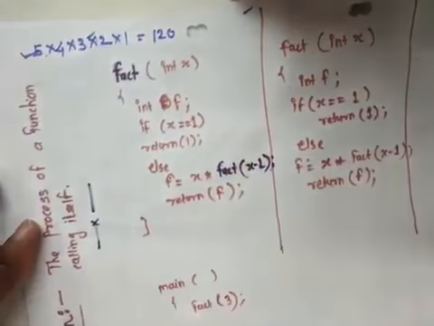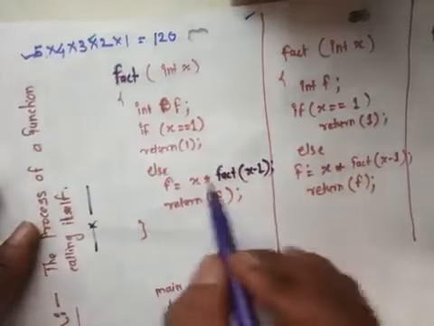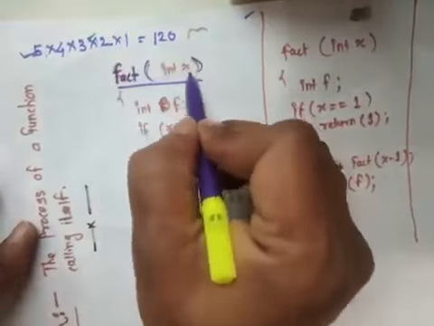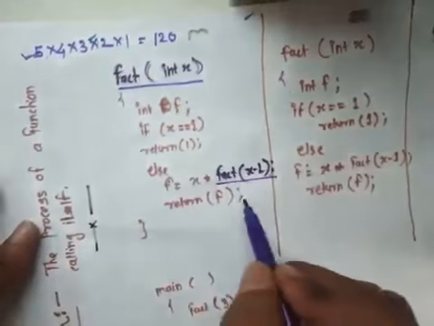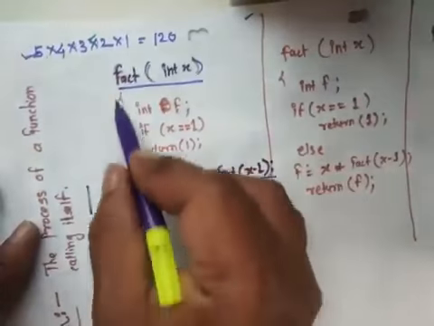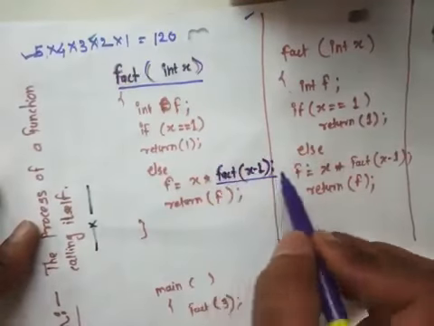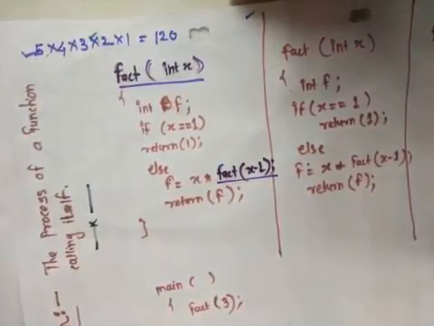So this is what recursion is. We can see that this is our function, and it is called inside the body of this function. It is calling itself. So the simple definition of recursion is the process of a function calling itself.